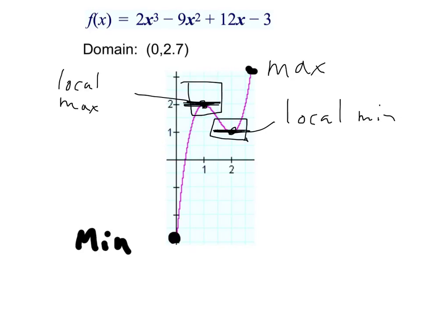Where is the local minimum is actually saying what is the x value. So just as a heads up, when we start practicing some of our AP problems and some of the multiple choice questions, you need to be really careful and read those questions carefully: is it asking you for where is the local minimum or maximum, or what is the local minimum or maximum?